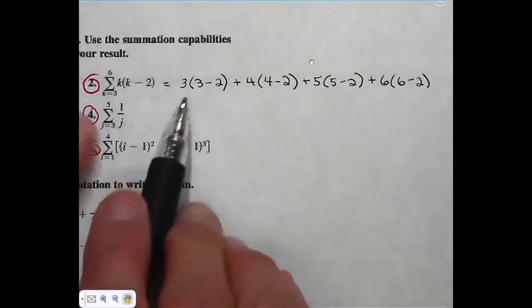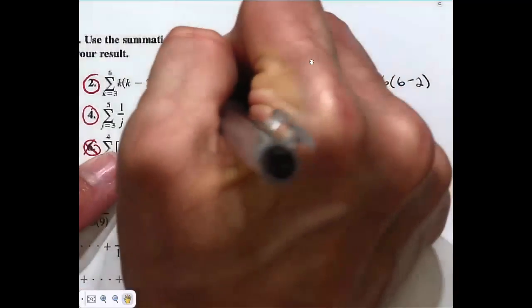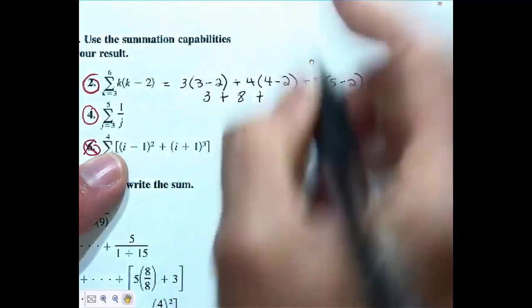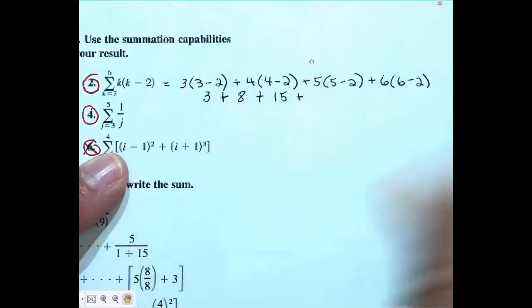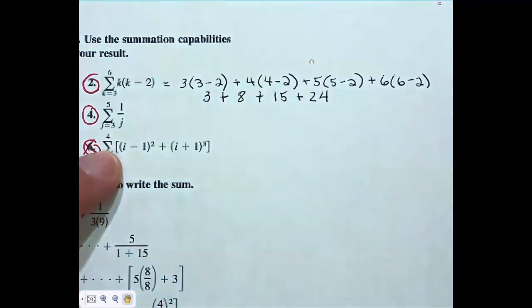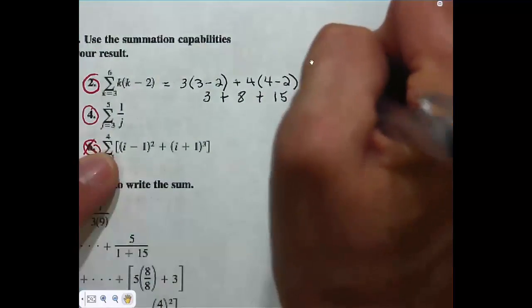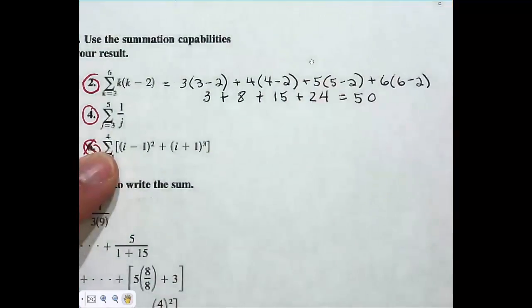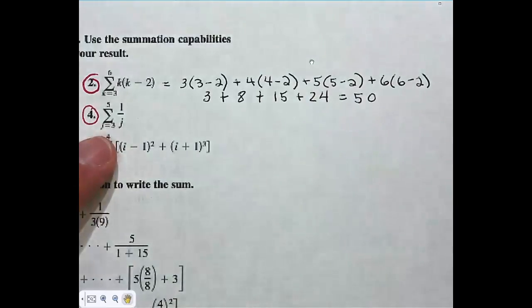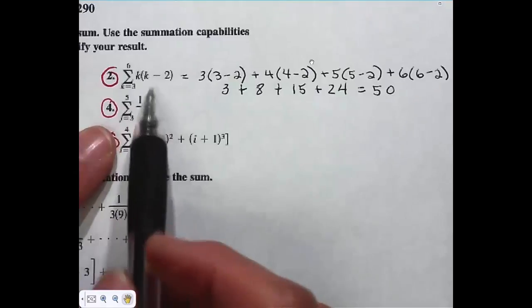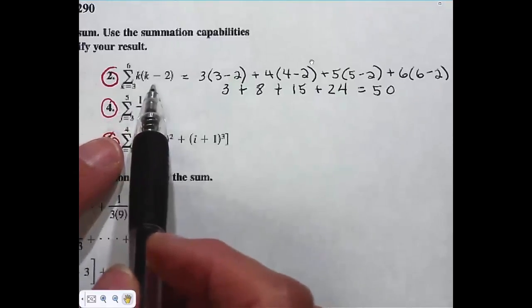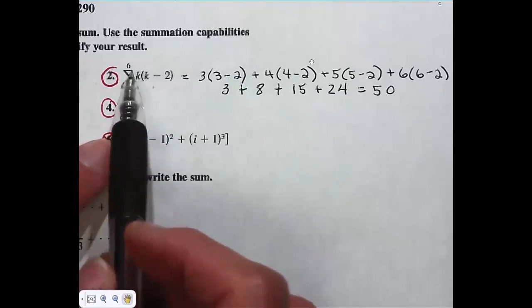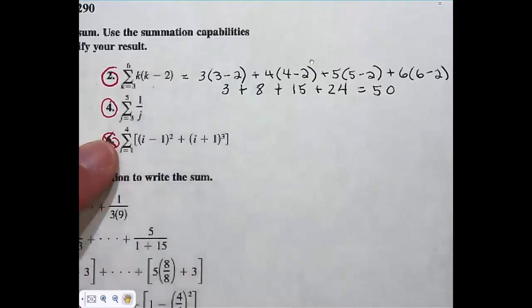So this would be 3 times 1 is 3, 4 times 2 is 8, 5 times 3 is 15, and 6 times 4 is 24. I think that all adds up to 50. So the sum of k times k minus 2 from k equals 3 to k equals 6 is 50.